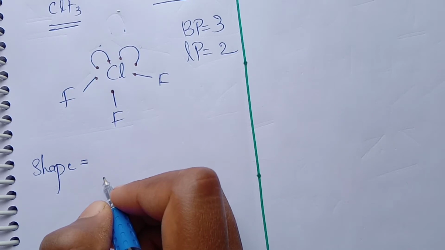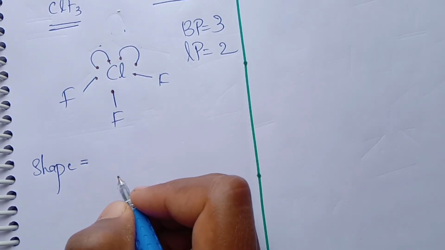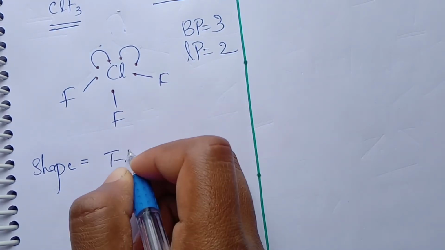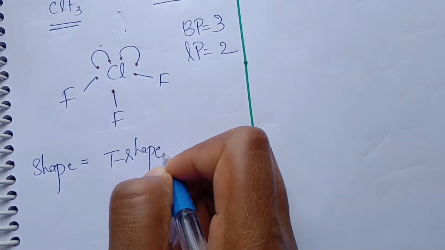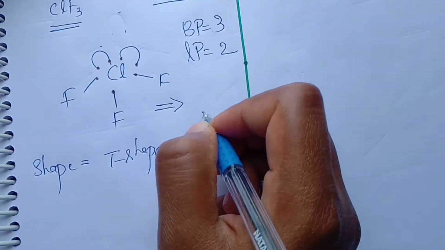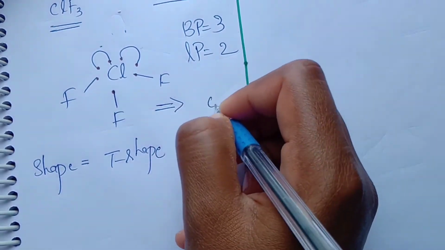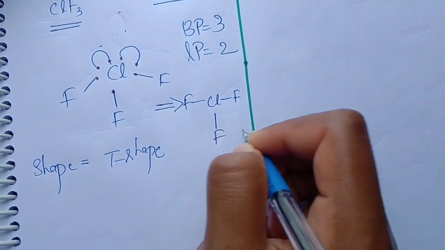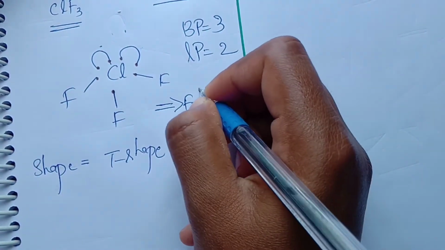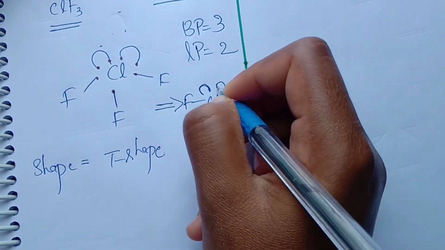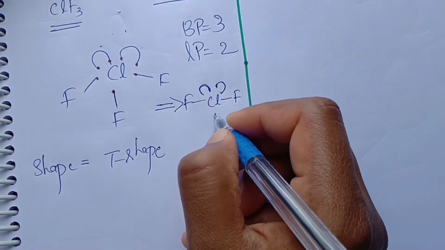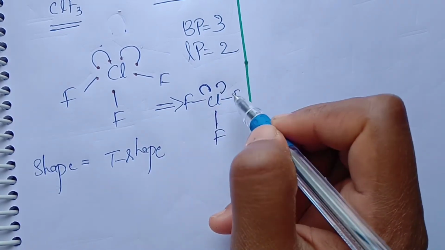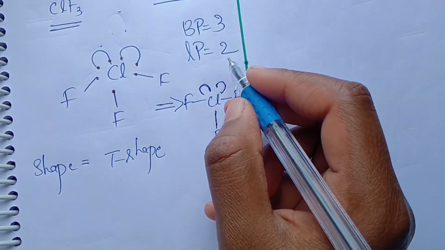Before this, we have to learn what is shape and what is geometry. In this case it acquires the T shape. How? I will show you. Chlorine, F, because it has 2 lone pairs, repulsion will be created. The example for comparison is H2O.